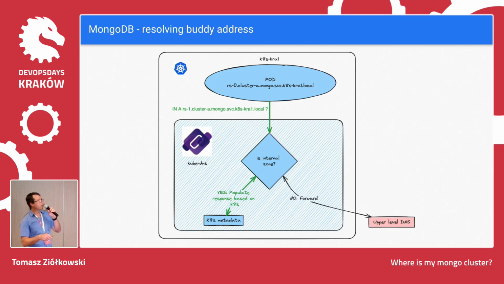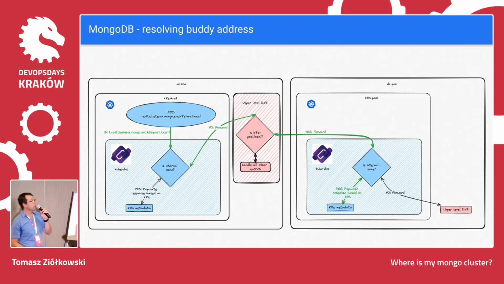If the name which I want to resolve matches my internal zone, it will be kubernetes.kra1.local, then populate this host name based on Kubernetes metadata. In each other case, forward this query to the upper level DNS. By upper level DNS, we mean the DNS that stands outside of the clusters and can handle different kinds of DNS queries.